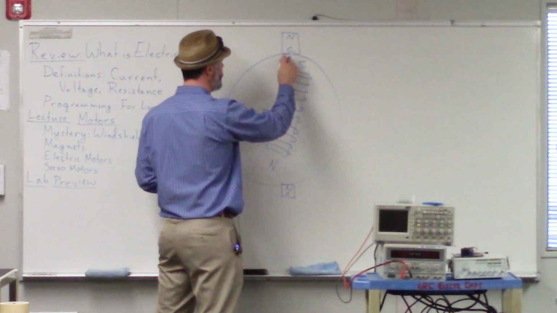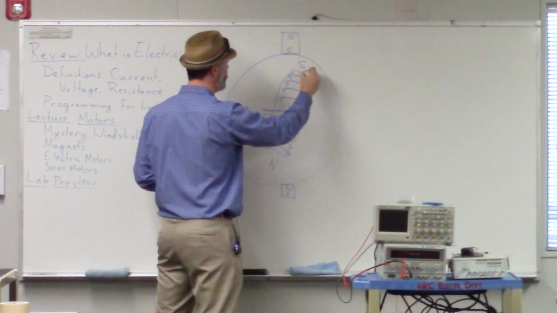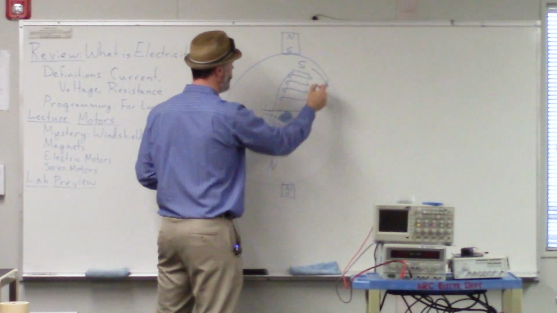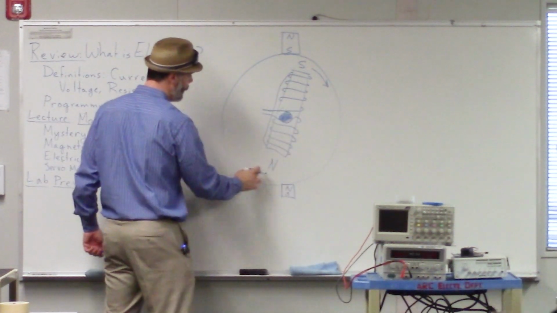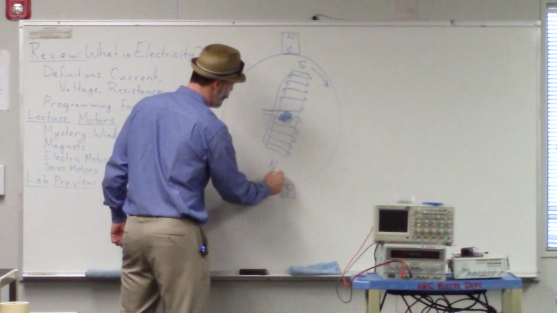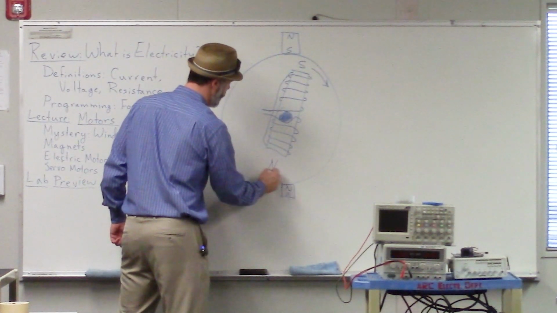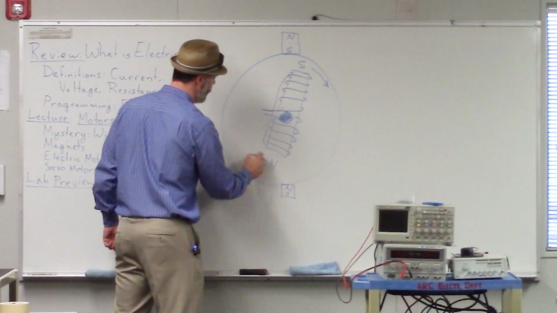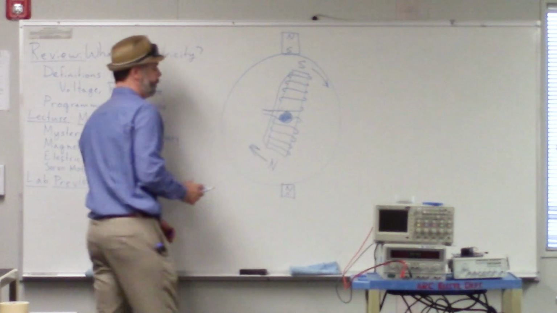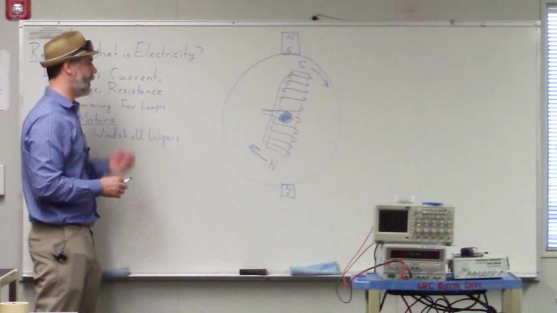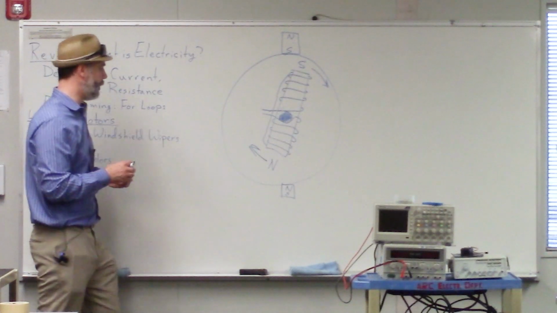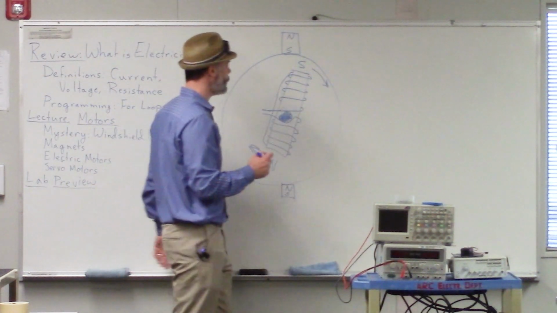So this south pole is pushing this south pole away, so it's trying to turn the bar that way. And the same thing happens with these north poles. They're close to each other, so they push each other away. So this north pole is pushing the north pole on this bar in that direction. Okay? So this is acting to turn the motor around in this direction.